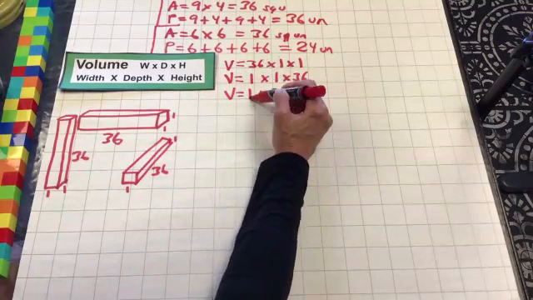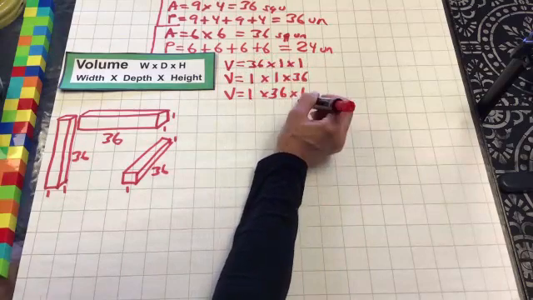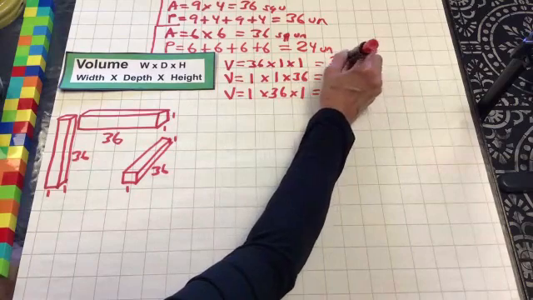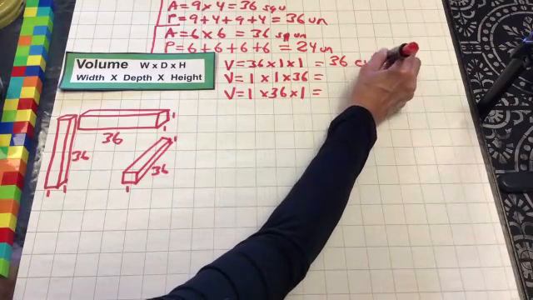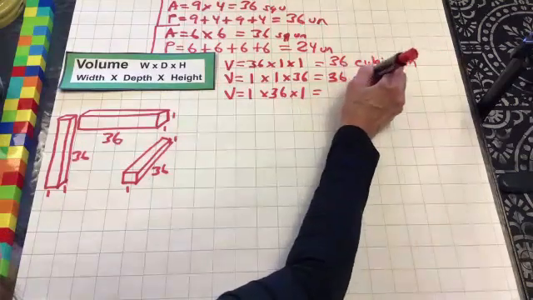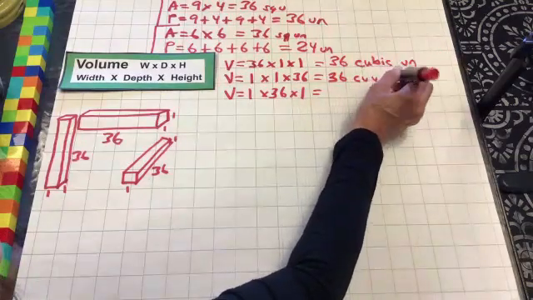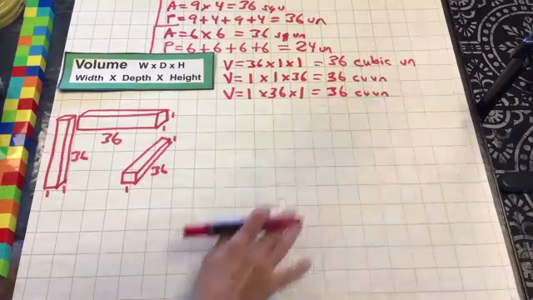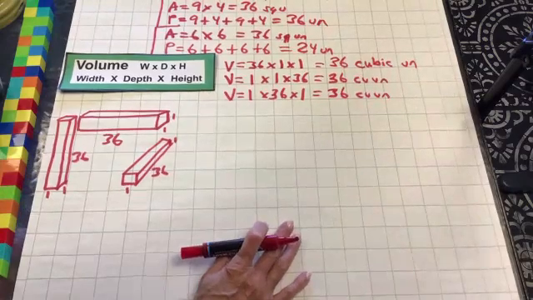So this is the width, this is the depth, and this is the height. And all 3 of these equal 36 cubic units. Woo! All right, let's go on to the next one.